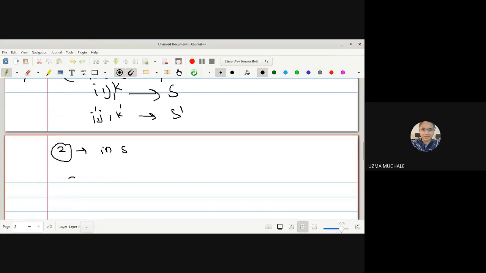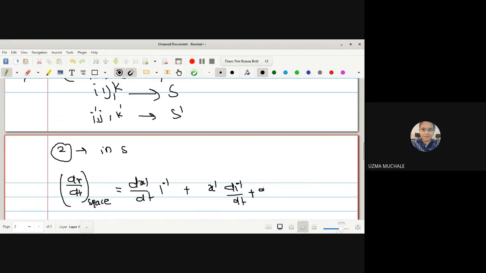In S, we can write dr by dt in the space set of axes, meaning we are differentiating in the space set of axes. We can write it as dx dash by dt, at that time i dash will be as it is, plus x dash as it is, derivative of i dash with respect to t.